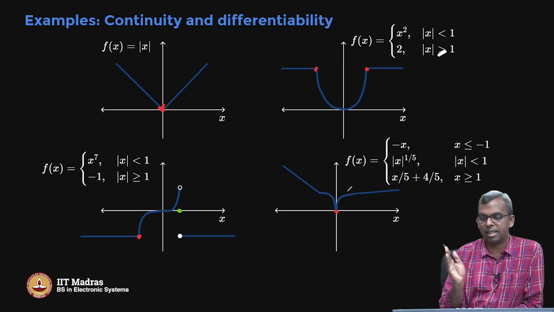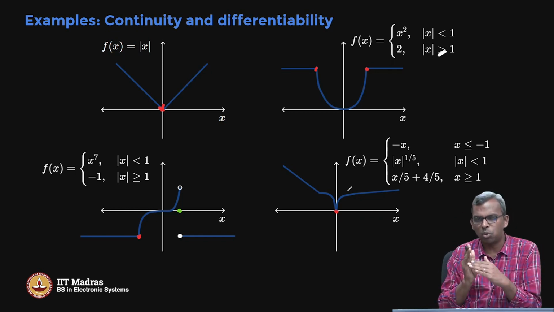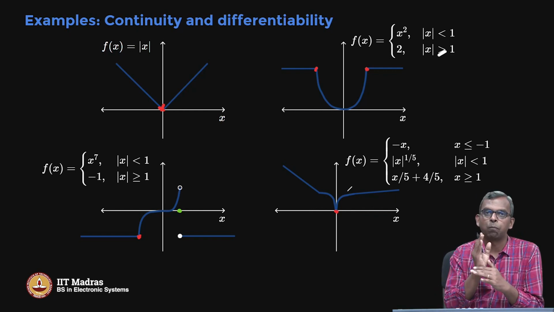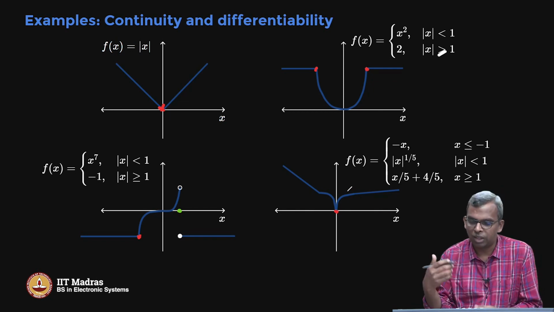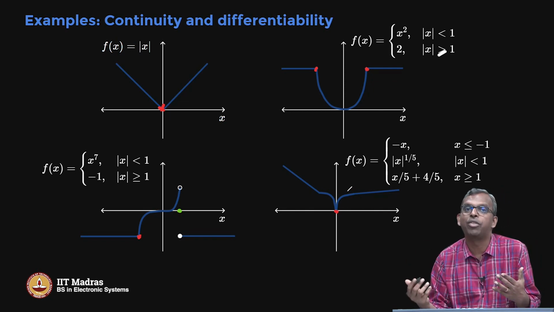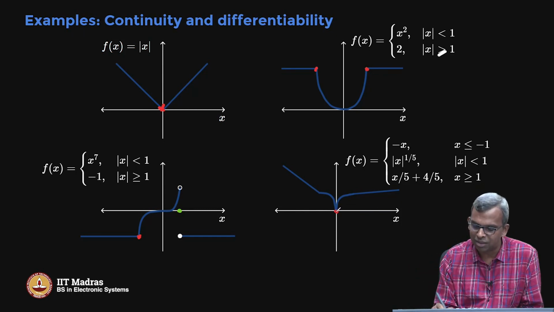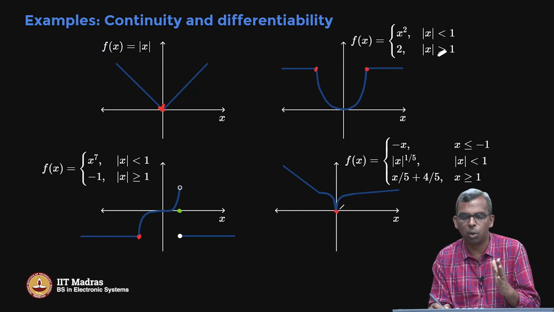If you go to the right side or the left side, it turns out the function has some sort of an infinite slope. It's almost vertical. If you zoom in, you're going to get a vertical line. That line has an infinite slope, right? So the limit is going off to infinity in some sense. So at that point, it's got an infinite slope.